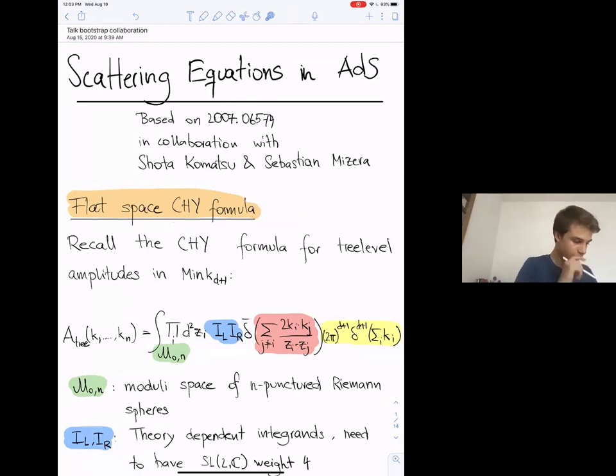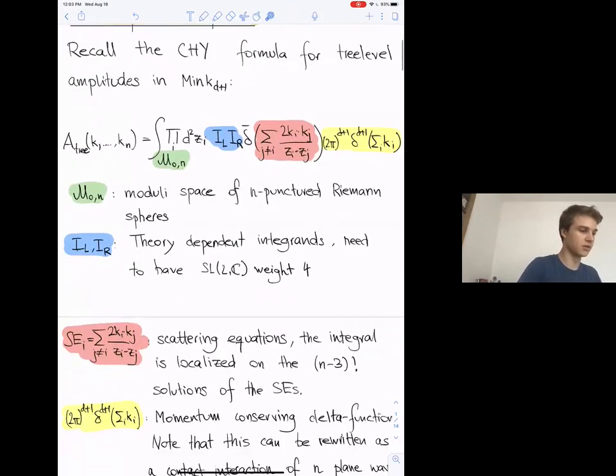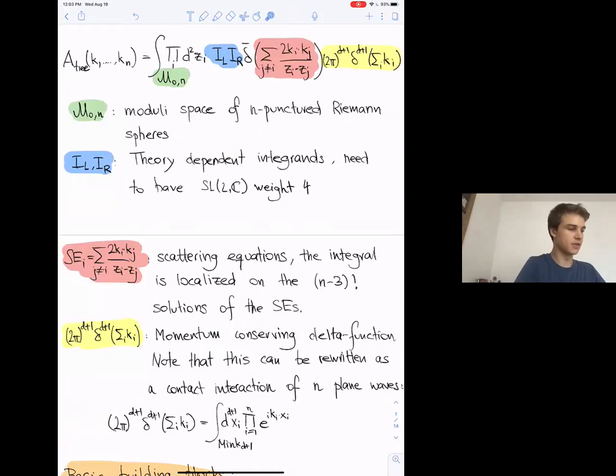So the rough formula goes like that. You have some set of momenta, k1 to kn, and the tree amplitude can be expressed as this moduli space integral. Then you have some integrands, which I call IL and IR, and they're theory dependent. We will come to examples later.